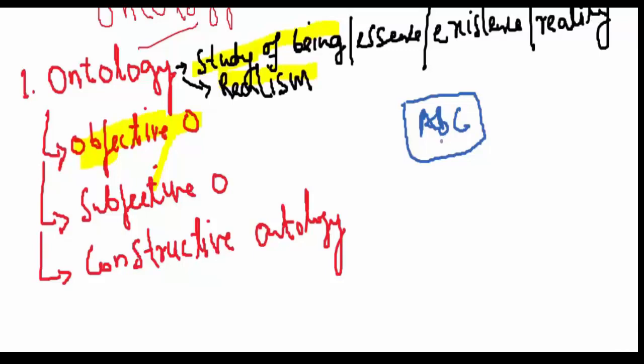But we have to keep one thing in mind: objectivism portrays the position that social entities exist in reality external to social actors. So what is my reality? That is the role of management. Who are the social actors? They are the managers. Now we may say that management is an objective entity.